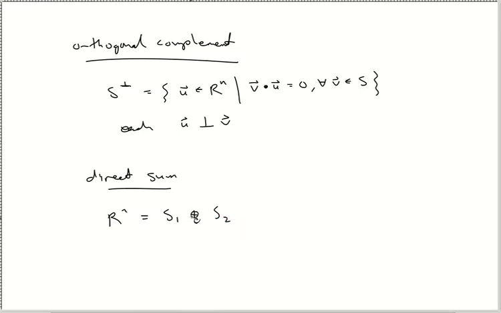Honestly, I've seen this kind of symbol used for other things in different classes, sometimes as a general operator symbol. It doesn't really have to mean something particular, I'm just saying that when you see this in Chapter 5, they mean direct sum.